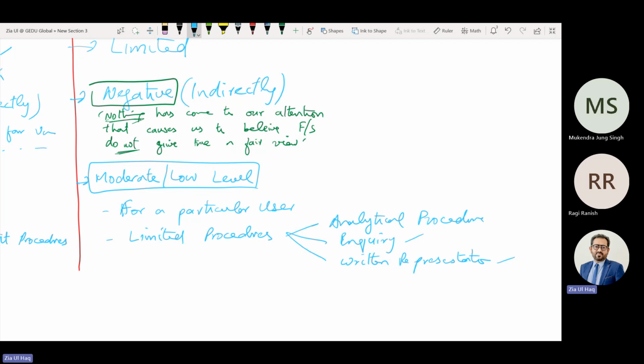We move to the place where documents are presented. We perform physical inspection. How do we perform physical inspection? We move to the area where those assets are, where that inventory is stored. But in non-audit, we do not move anywhere. We are performing procedures while sitting at one table and chair only.